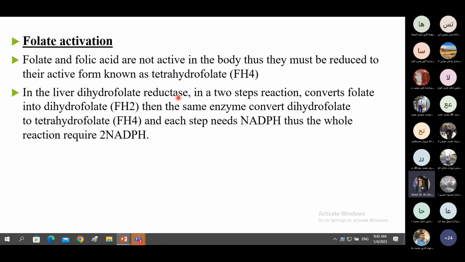The dihydrofolate reductase first gives 2 hydrogens to folate, thus converting the folate into dihydrofolate. Now it has 2 hydrogens. Then the same enzyme in the second step donates the other 2 hydrogen atoms, converting the dihydrofolate into tetrahydrofolate. And this reaction needs 2 NADPH, 1 NADPH in every step.